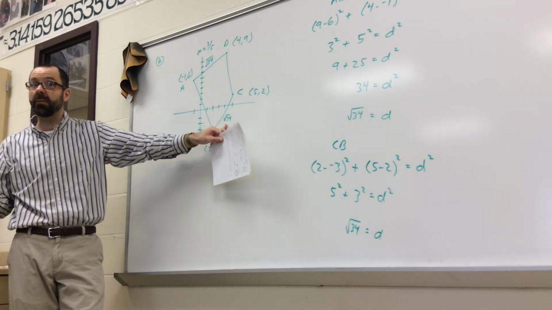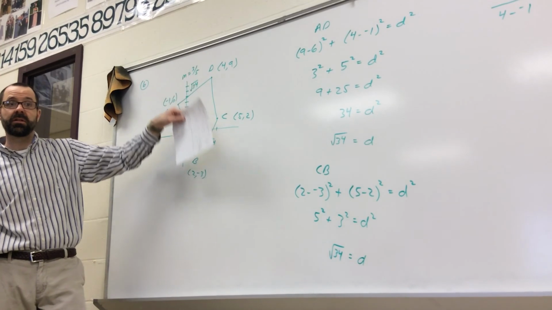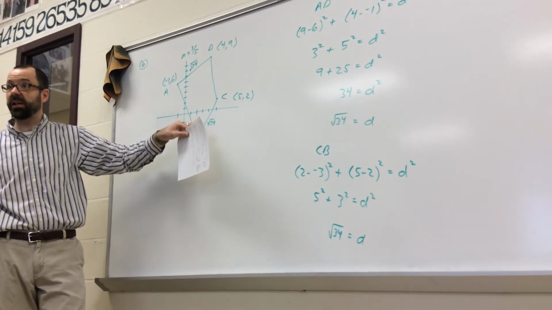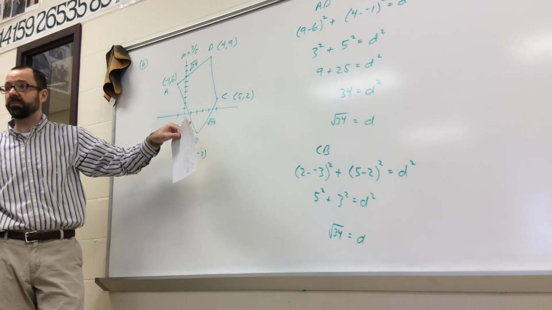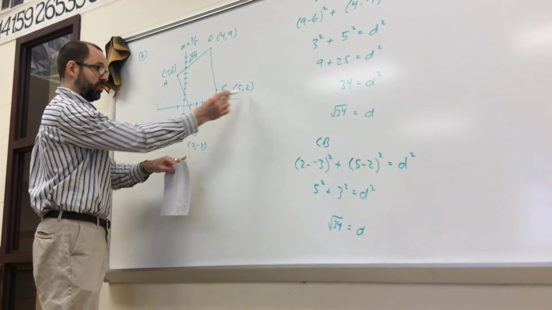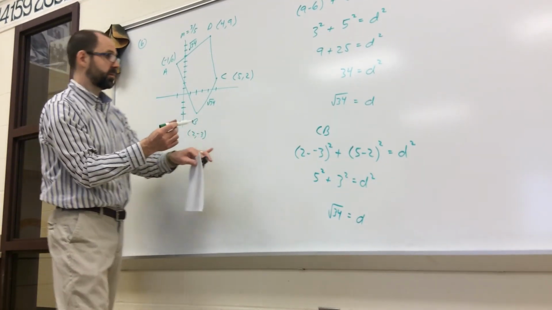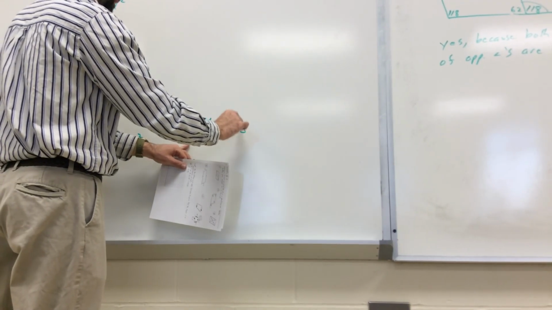So now I'm going to check out the slope of this line. And if it matches up, then I'll have one pair of sides that is both parallel and congruent. And that's enough to prove that it's a parallelogram. So let's see what the slope here is. So it's going to be 2 minus negative 3. So I'm doing the slope of CB now.